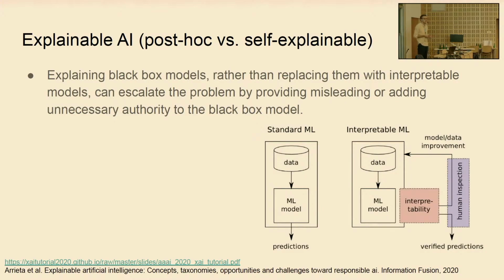However, the problem with that kind of method is that they escalate the problem by providing misleading, unnecessary authority to the black box model, because their explanations are usually misleading.